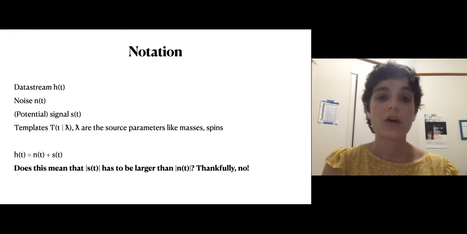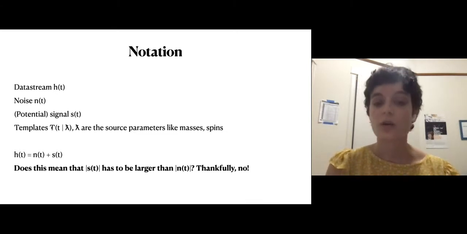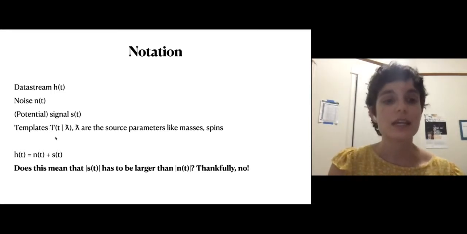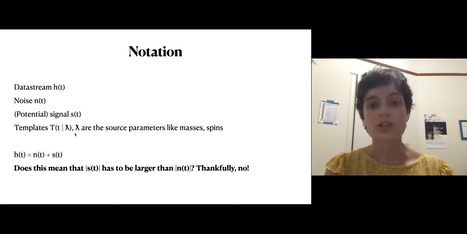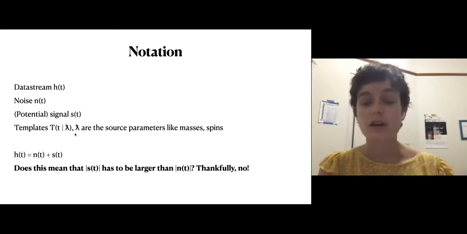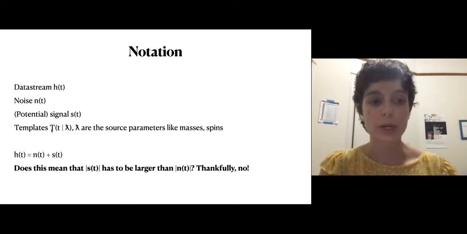And then we also have these templates in this template bank, which are also time series, big T as a function of little t and lambda, where lambda are the parameters describing the templates, like the masses and the spins of the black holes at which we've calculated a template waveform.